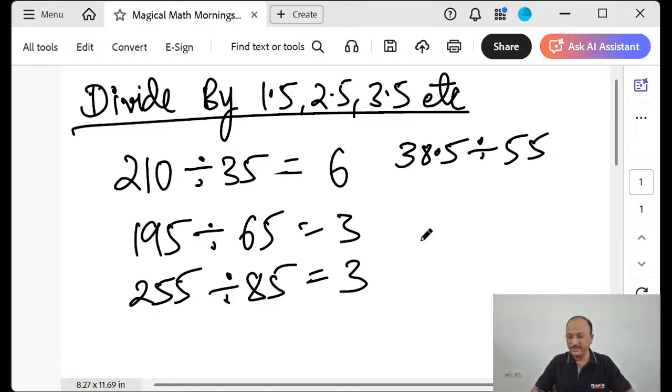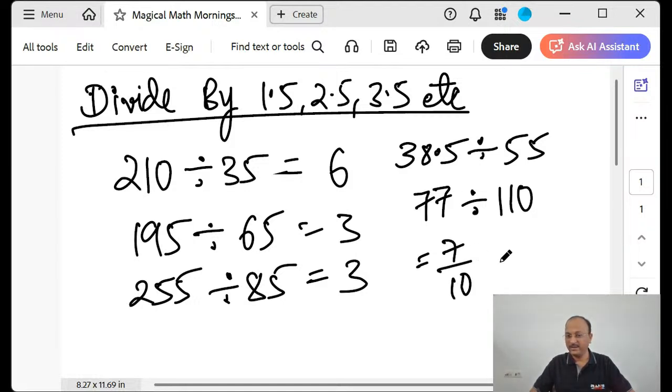Because 38.5 comes to 77 divided by 55 doubled, which gets 110. It will come 7 by 10. This is one step that we have to think a little extra. It's not 7, you will get 0.7. Many of you have written it as 7, it is 0.7 because the numerator is smaller. Correct? In such cases, it's still going to be much easier for us compared to other numbers.